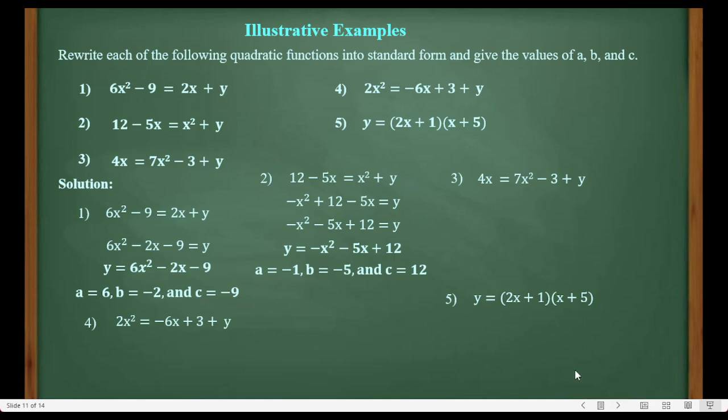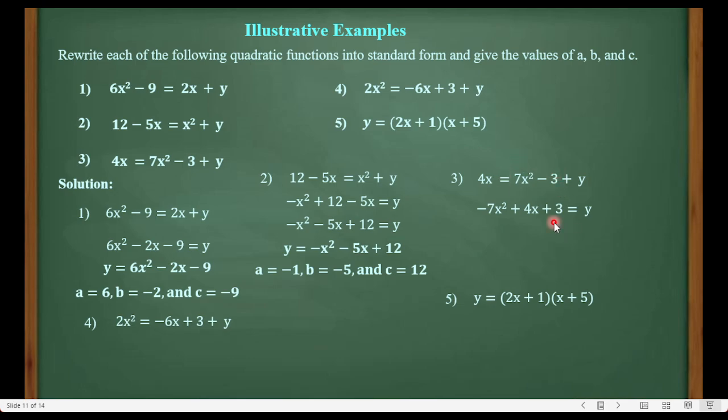Now for number 3, this is the given equation. So 7x squared transposed to the left, it's negative 7x squared. Then followed by 4x, and negative 3 should be written first after 4x, so that is plus 3, since on the other side it was negative 3.